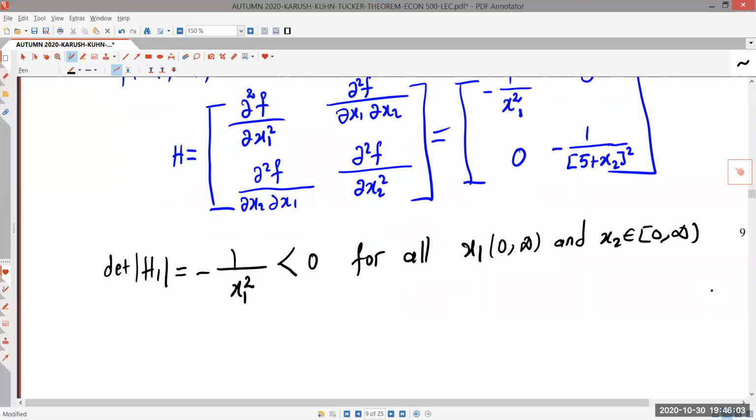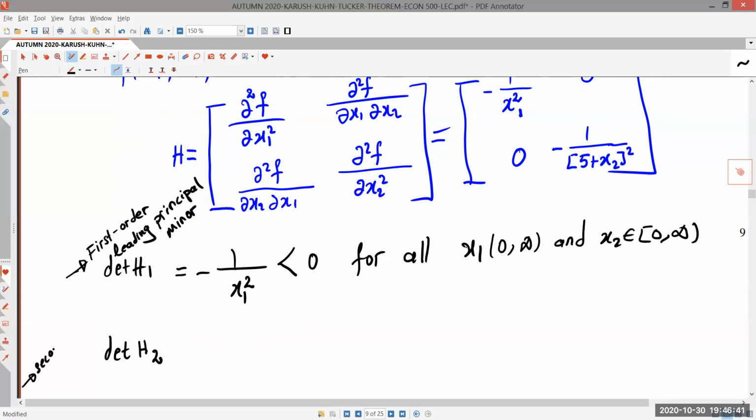Okay, and when it comes to the second, bunu ne yaptım ben? 2 kere yazmışım. So determinant of, let's say, H2. So this is the first order leading principal minor. Okay. And here, this is the second order leading principal minor.